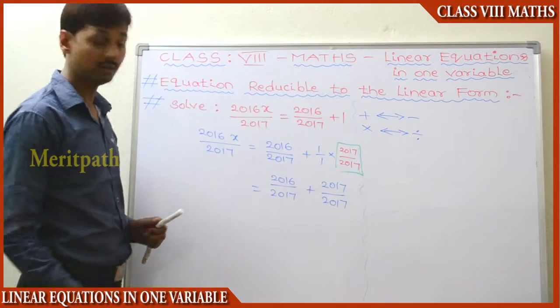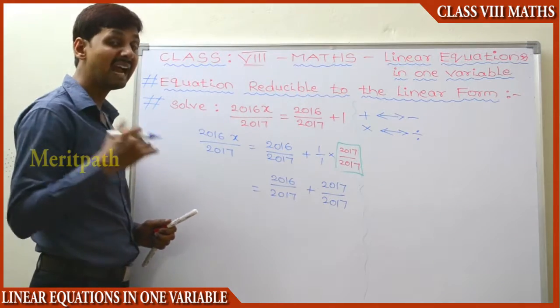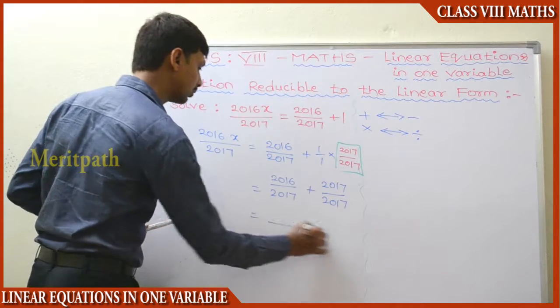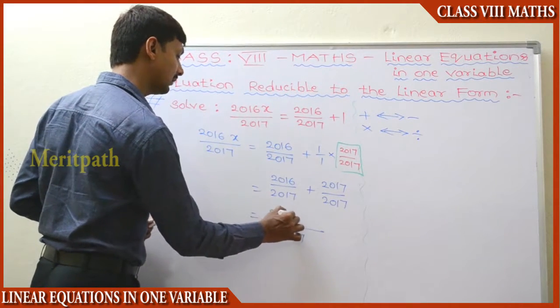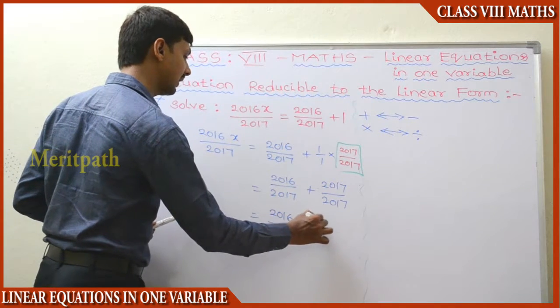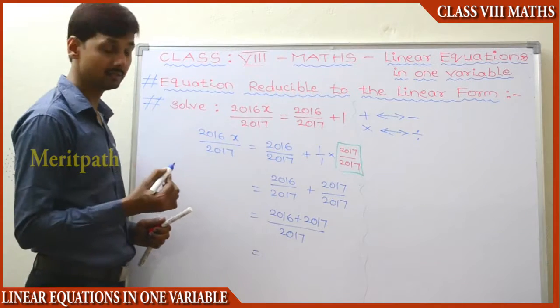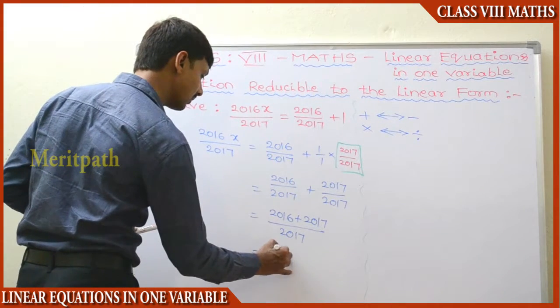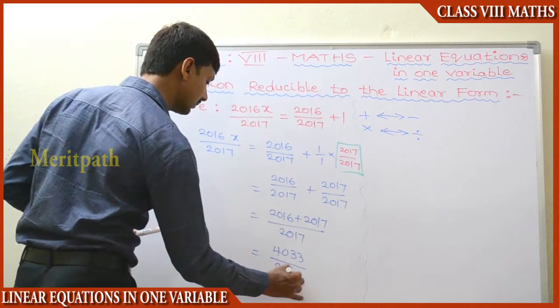So here we can observe that it is the same denominators, so we can add the numerators. So 2017 the denominator. Let's add the numerators 2016 plus 2017. When we add these two numerators, we'll get 4033 by 2017.